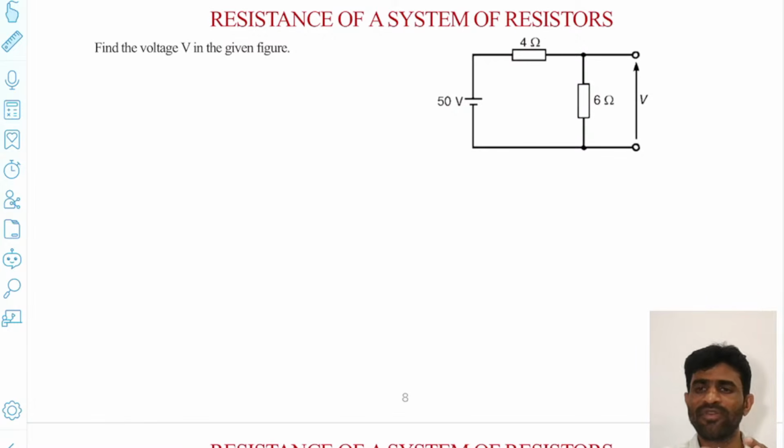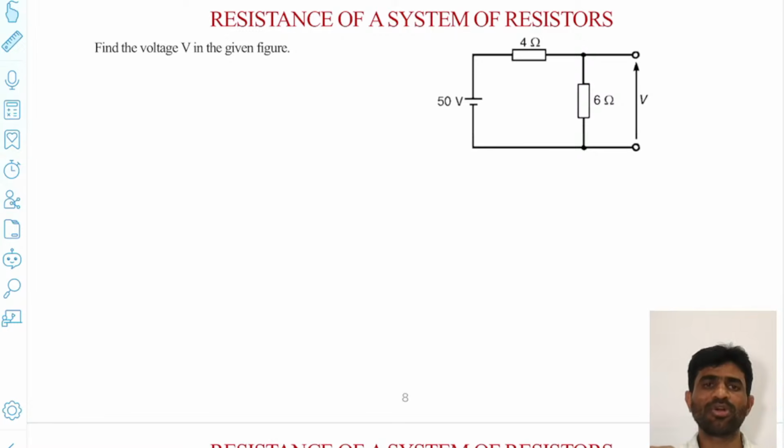Like before, what was the potential difference across 4 ohms, 9 ohms and 11 ohms? It is divided. Similarly here, this 50 volts will be divided across 4 ohms and 6 ohms. What is the potential difference across 4 ohms? What is the potential difference across 6 ohms?